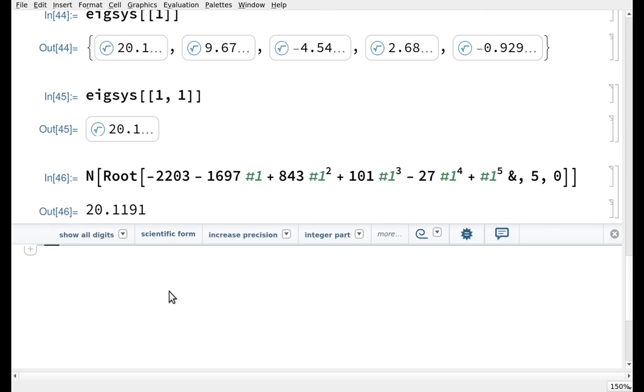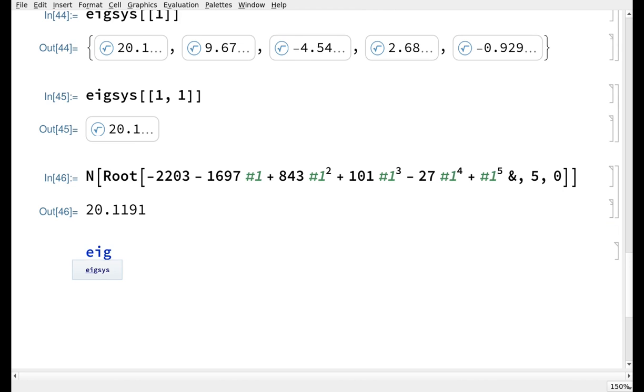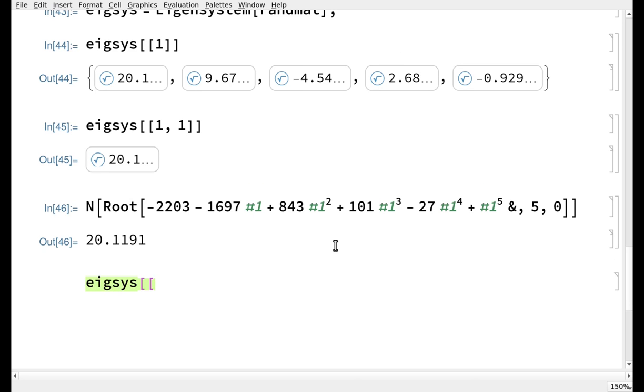Now, I might also want to know the numerical values of the eigenvector corresponding to that eigenvalue. So how would I do that? Well, for that, I go back to the Eigensystem, which, remember, has stored all the information about the eigenvalues and eigenvectors of the original random matrix.